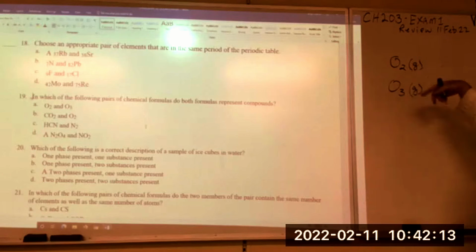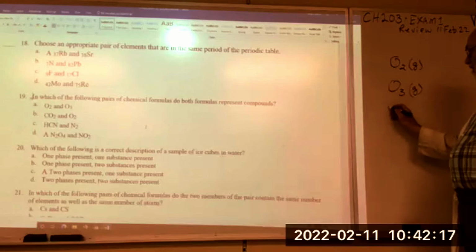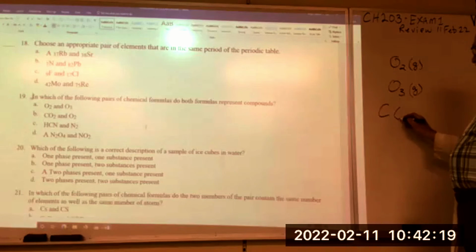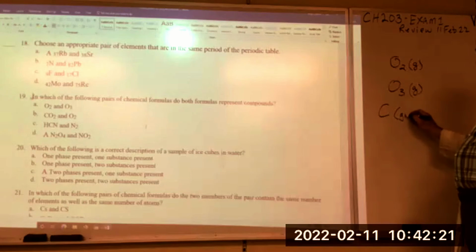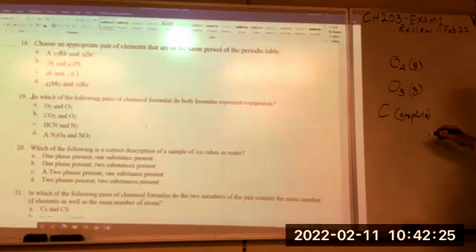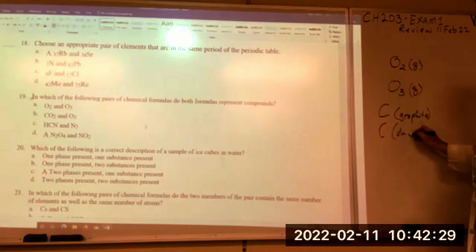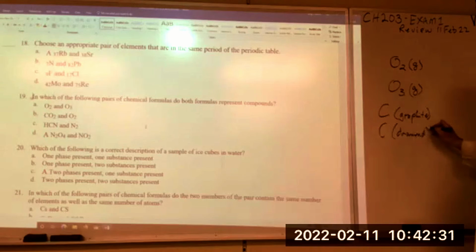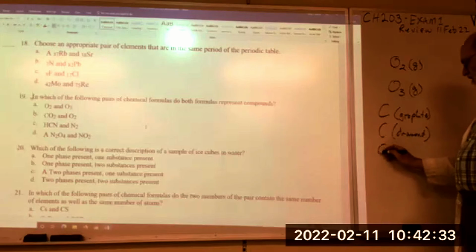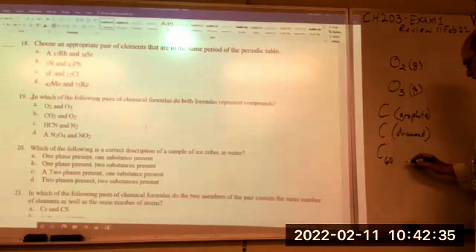Those are allotropes of one another. Or carbon's a good one. You can have carbon as graphite. That's one form of carbon. Another form of carbon is diamond.